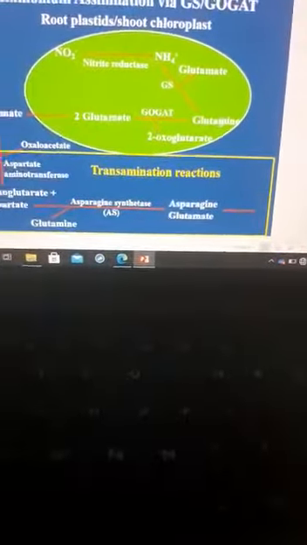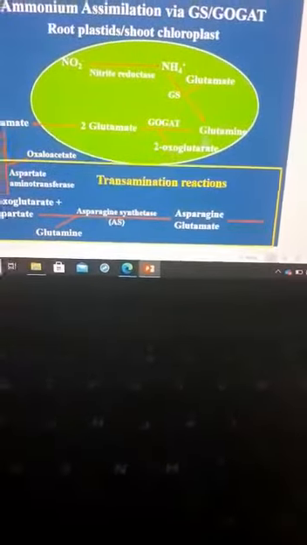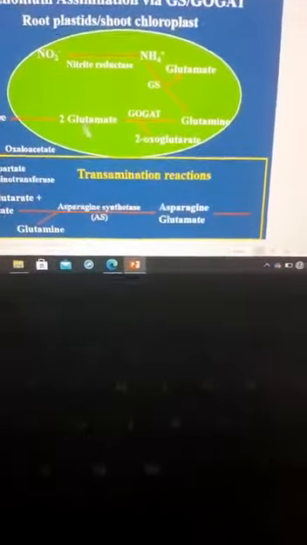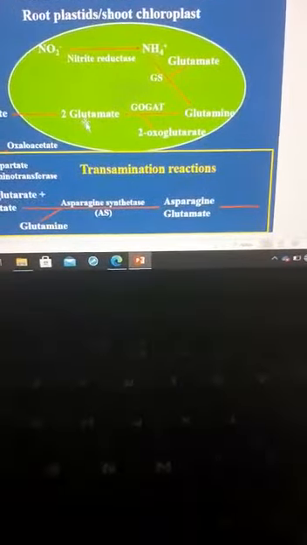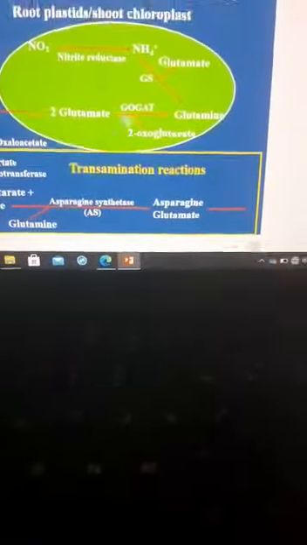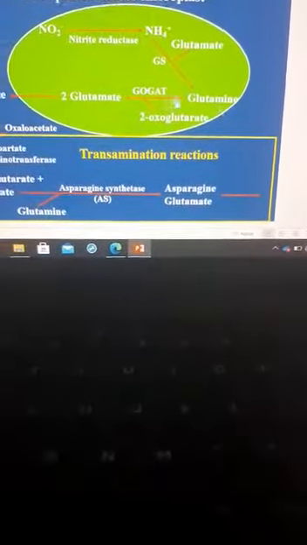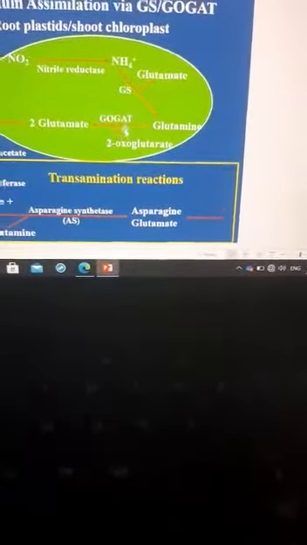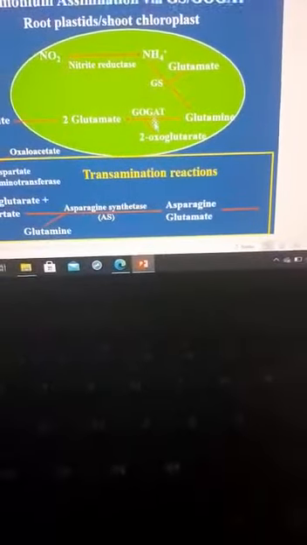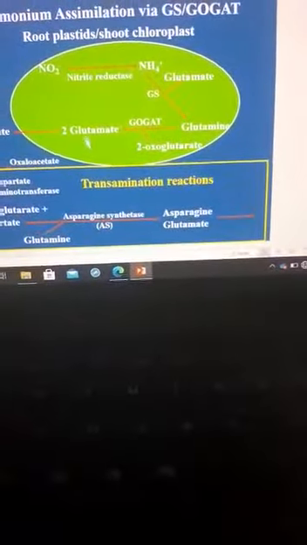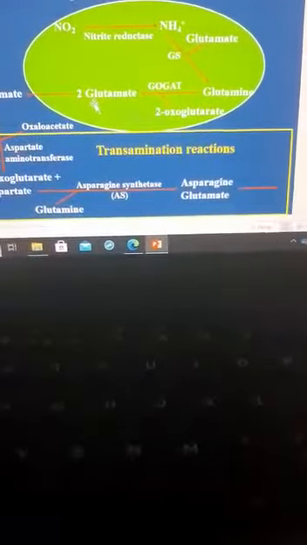Now that additional NH2 group is removed from this glutamine and donated to an organic acid. This will result in two amino acids being formed, two glutamic acids. The enzyme that catalyzes this reaction is called GOGAT in abbreviation. But if you go back to the previous slides, you will get the full name of this enzyme, because I'm just wrapping up something that I've already talked about in the previous slide. So this will result in two glutamic acids being formed.